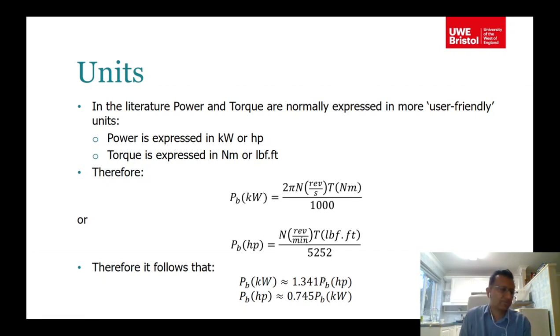Cars, etc., still use this horsepower unit, so 100 horsepower, or the PS unit that is used in Germany, etc., which is quite equal to a horsepower. But these conversion units are just for the sake of completion.